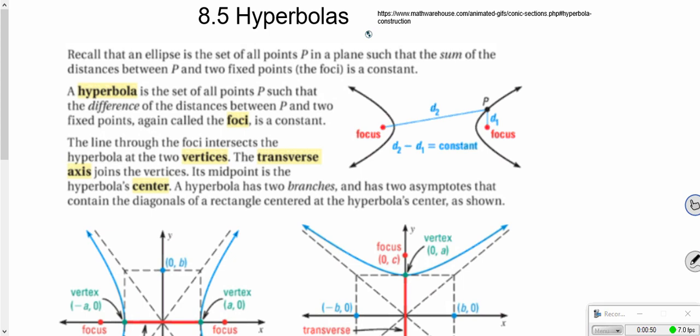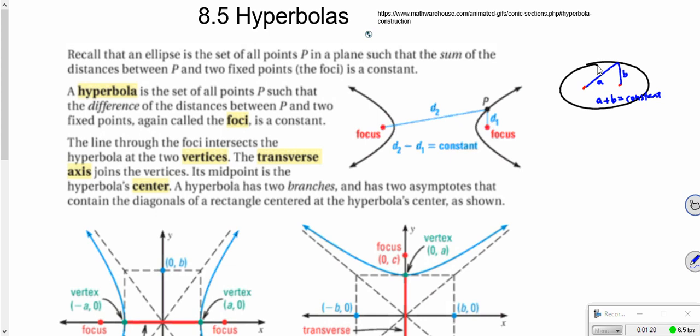If you've got an ellipse, remember, and you've got your two foci here, these two distances are always going to be constant. So if I call this A and this B, then your A plus B is constant. That's an ellipse. Now, what we're doing today is hyperbola.